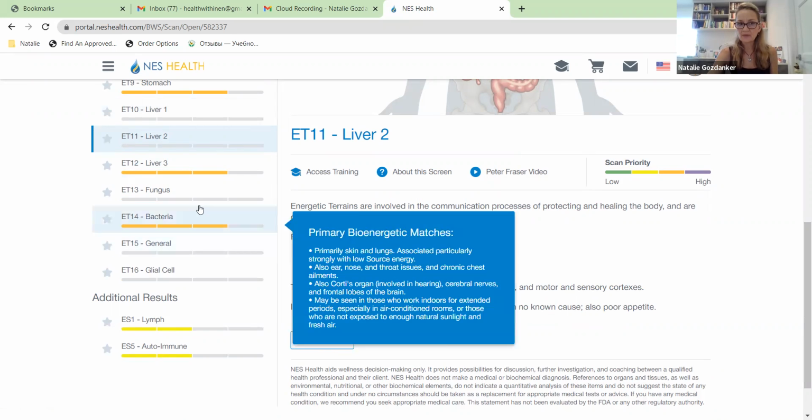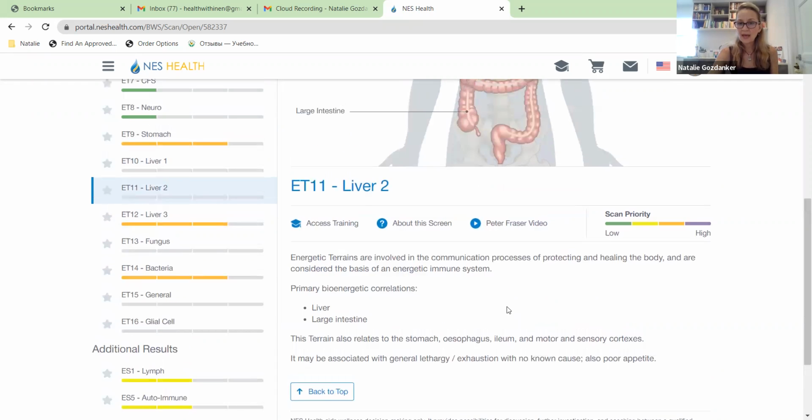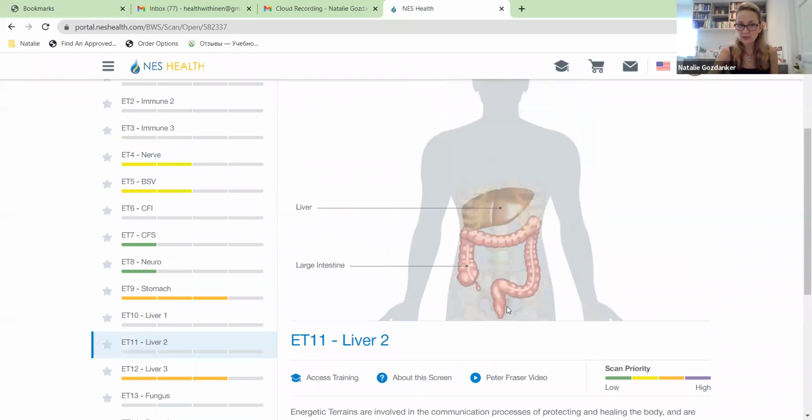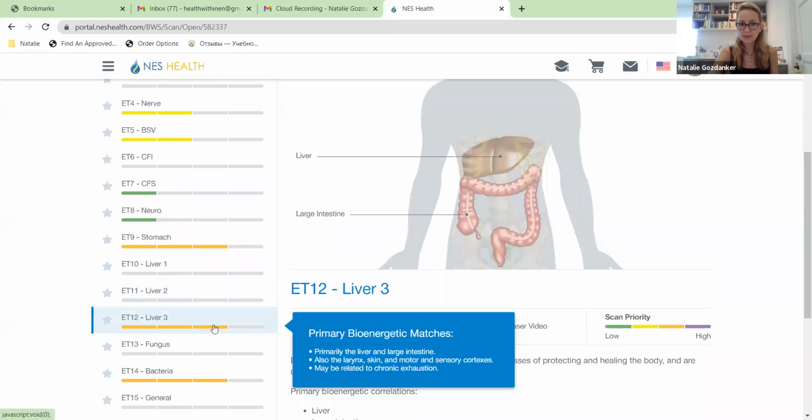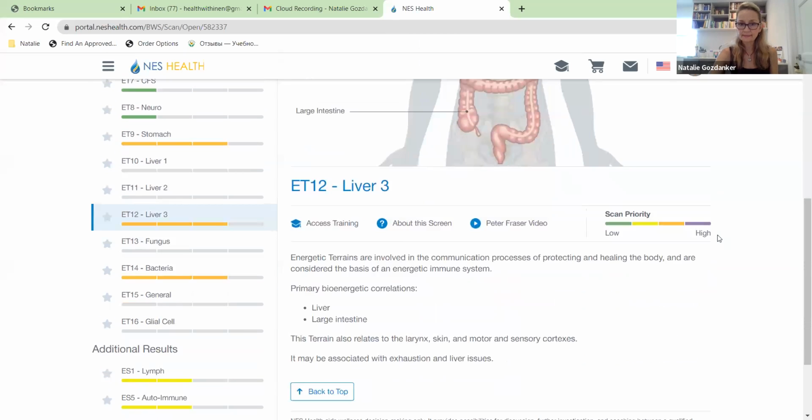And for liver 2, the healing happens in the area of stomach, esophagus, ileum, and motor and sensory cortexes of the body. Okay, and for liver 3, which showed as a priority in this particular scan, some healing is happening in the large intestine, but usually associated with the symptoms of exhaustion and liver issues.